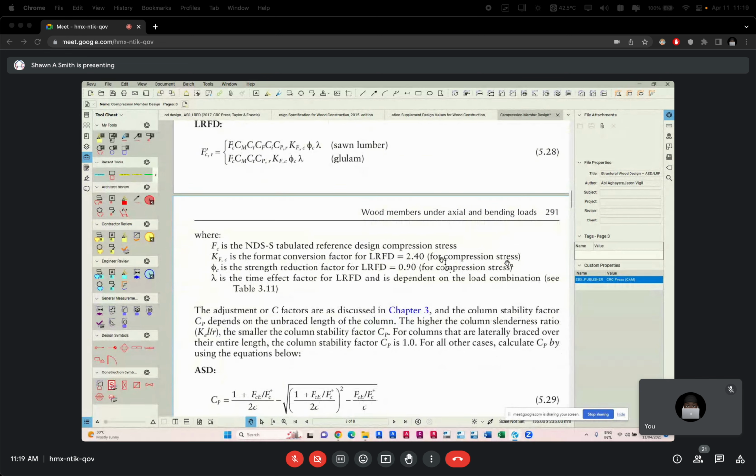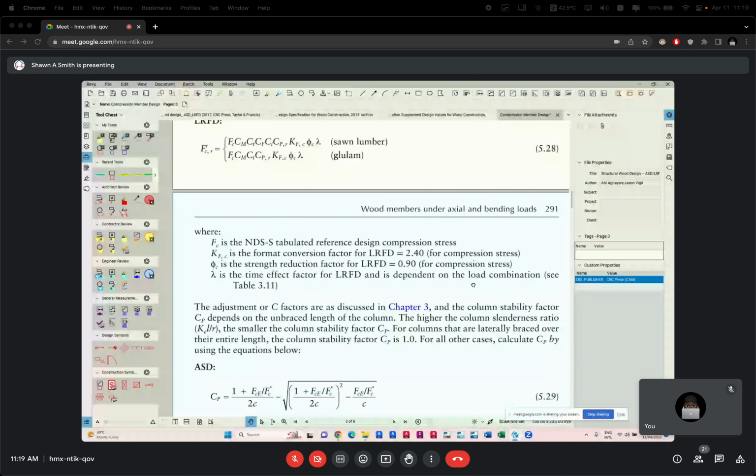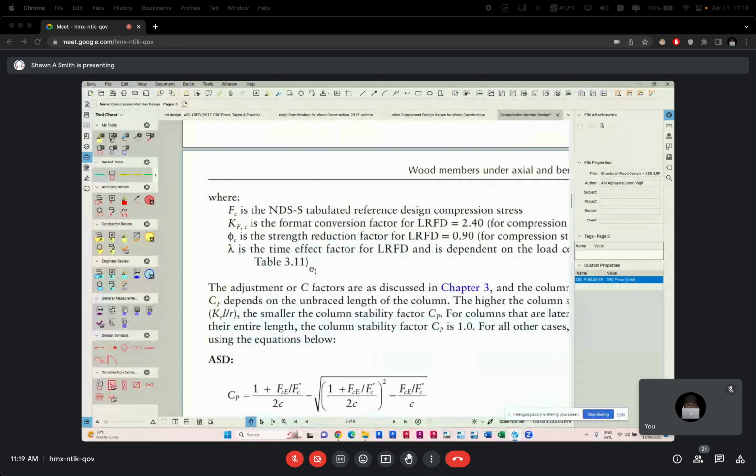And phi C, which is a resistance factor, is a strength resistance factor for LRFD. It's 0.9 for compressive stress. We don't have to go and look for it again. It's 0.9. And lambda is a time effect factor for LRFD and is dependent on the load combination, right? And it says table 3.11 for that value.